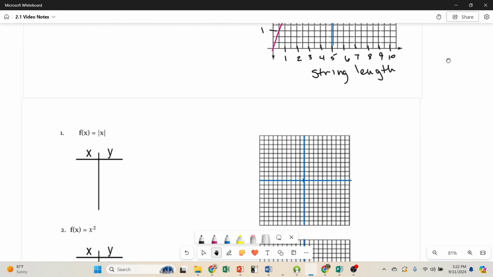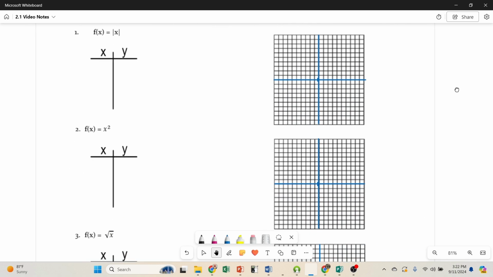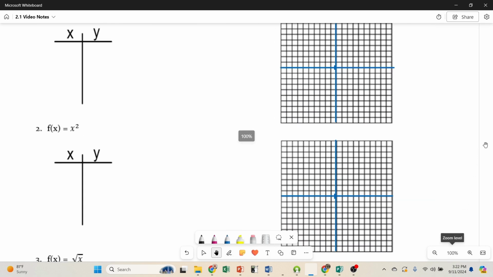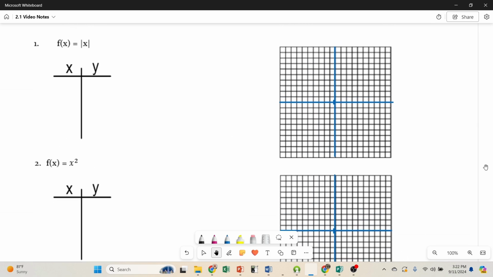All right, so we're going to look back now at our parent functions. What we're going to do is look at some data from those functions, plug some things in and see what we get. So let's plug a couple numbers in. Let's do 5 of them: -5, -2, 0, 2, and 5.